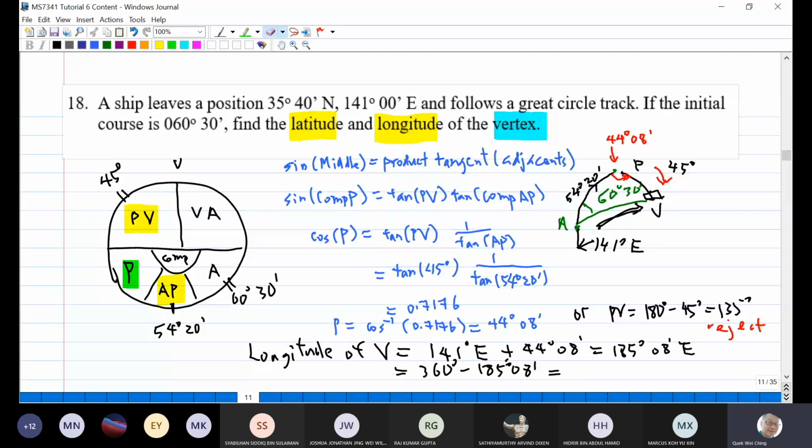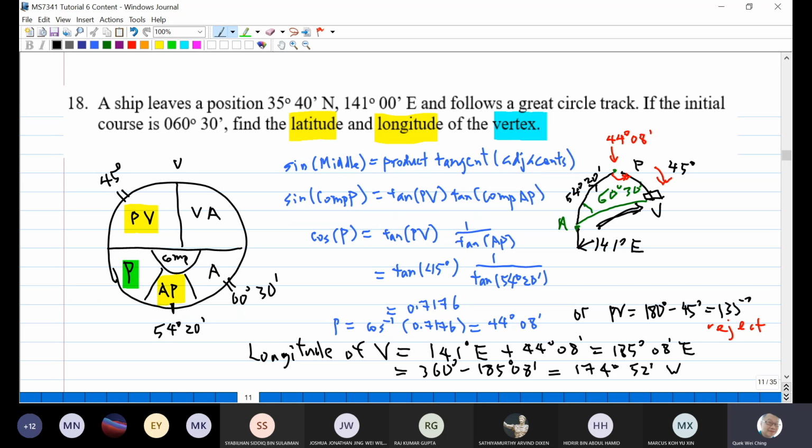So we actually go to the west side of the Earth now. This is 174 degrees 52 minutes west, and that is the longitude of the vertex V now, because the ship actually moved to the east.